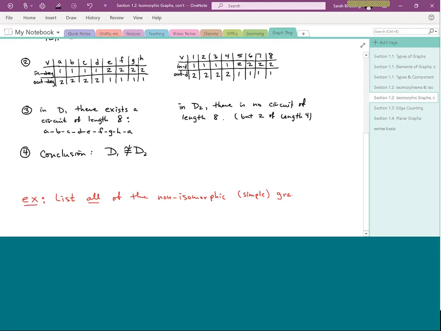They'll just say graph. If all you see is the buzzword graph, we typically assume that it means a simple graph, unless from context it's obvious it's a different type of graph. So this is our next question that we want to do.